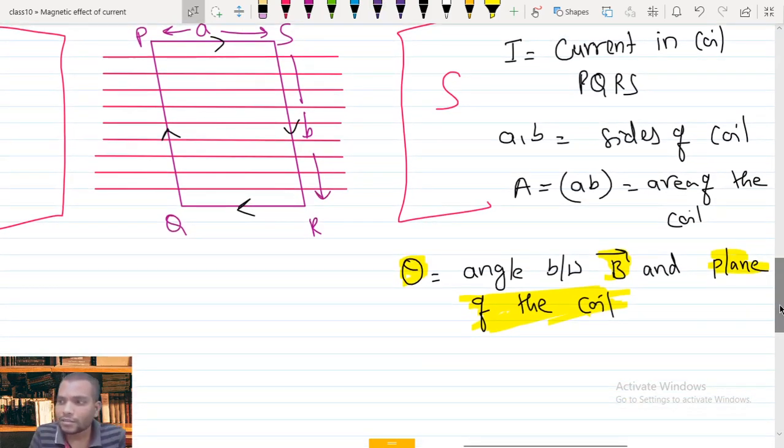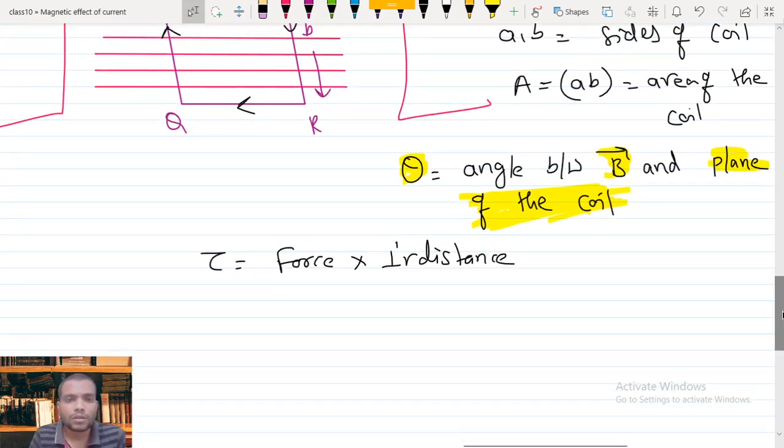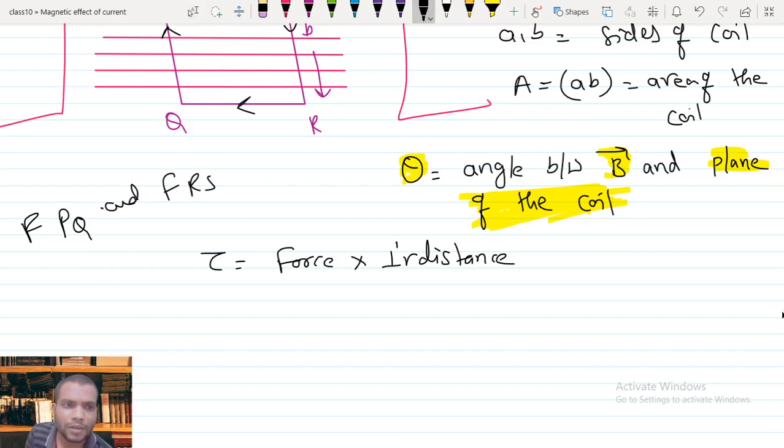So finally, now if I write the expression for tau equal to force times perpendicular distance. Now here the force is due to the arm PQ and the force due to RS. The force expression we can write here: F equal to B I L sine theta.